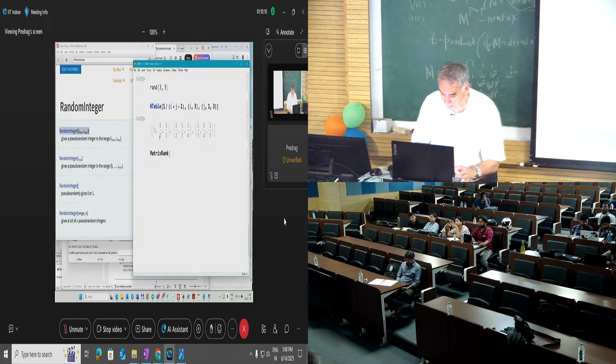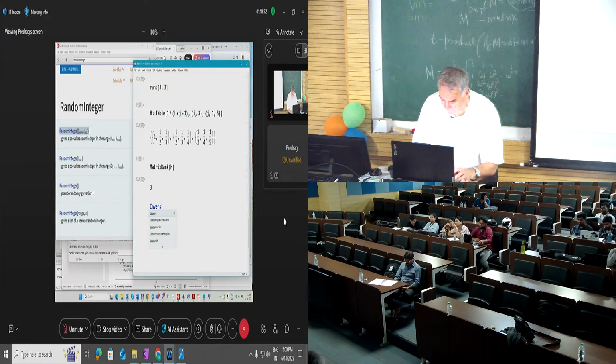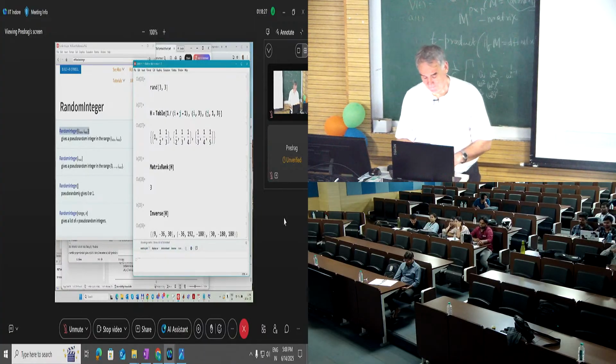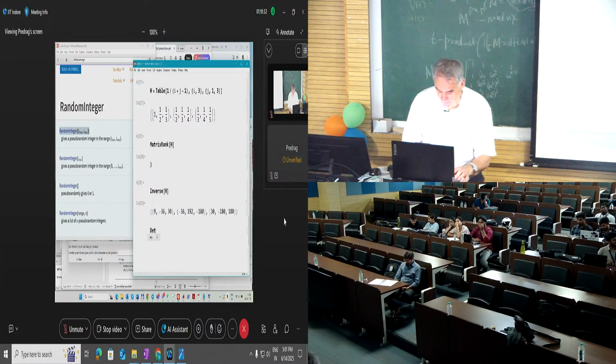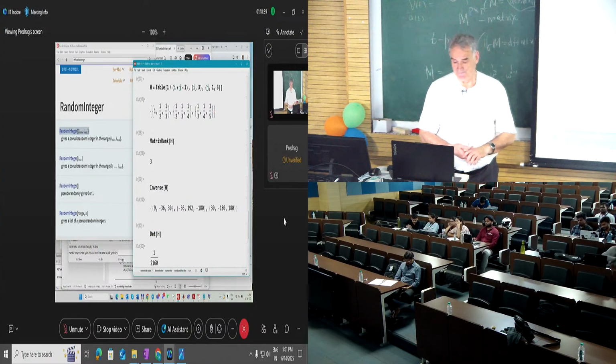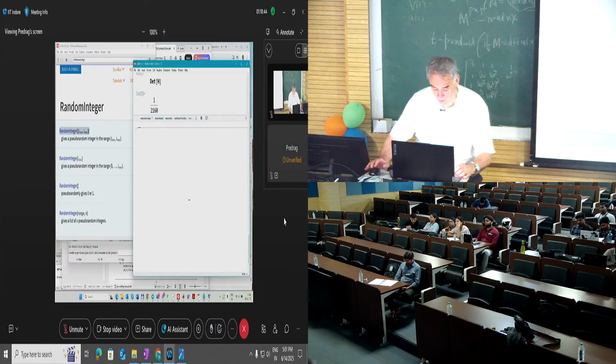H equals... matrix rank of H is 3. Inverse of H. Inverse of H. Determinant of H. Eigenvalues of H.